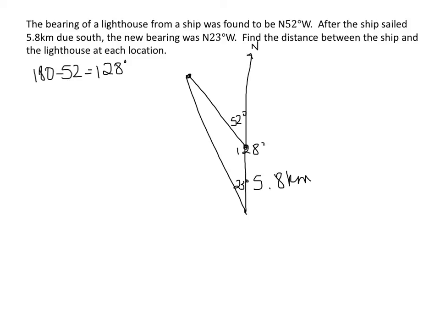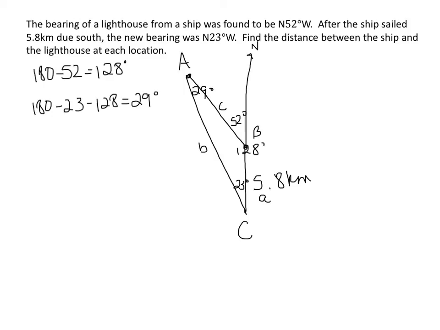And from there we can find the last angle, so now I can use law of sines. To make things easier, I will just call the lighthouse angle A, so that this is side A. My starting position will be angle B, so here's side B. My ending position will be angle C, so that's side C.